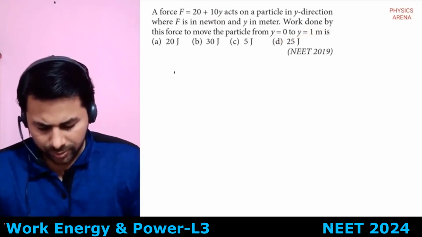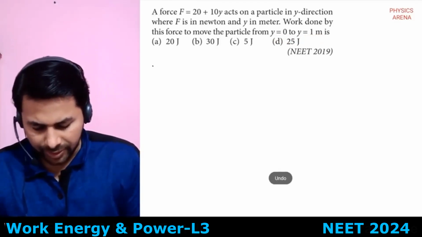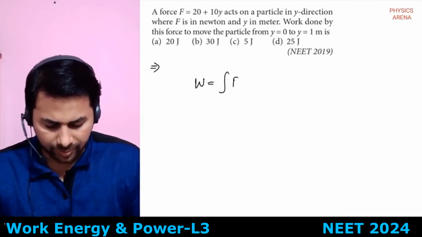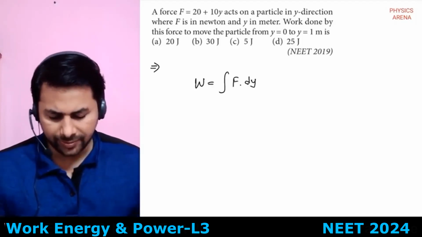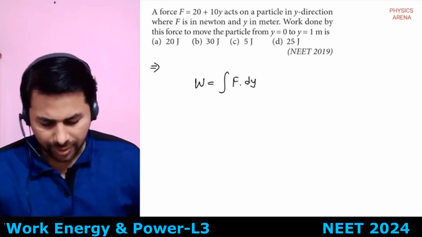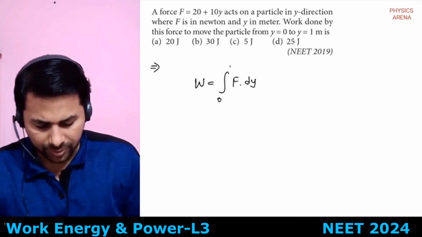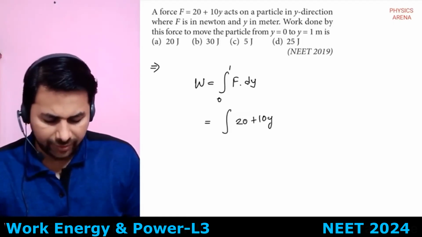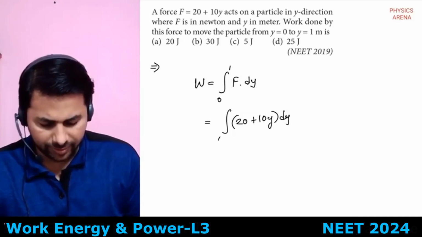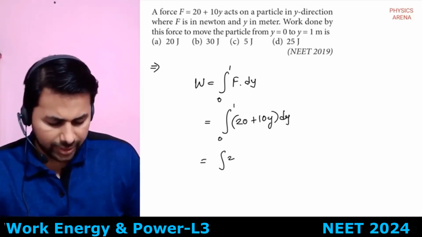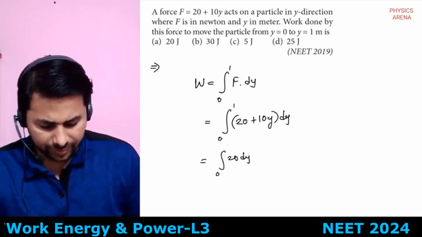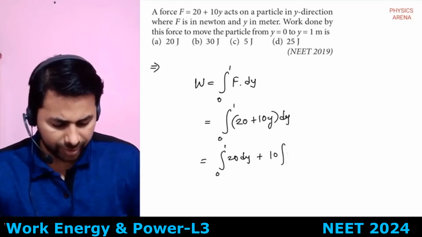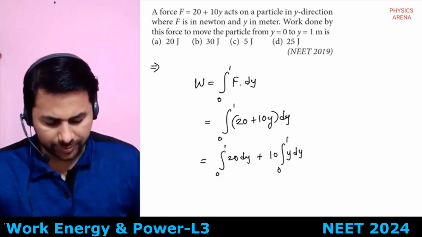So we can find out this work done using the integral. It is the integral of F dy, from y equal to 0 to y equal to 1. That is the integral of 20 plus 10y dy from 0 to 1, or the integral of 20 dy from 0 to 1 plus the integral of, you can take 10 outside, y dy from 0 to 1.